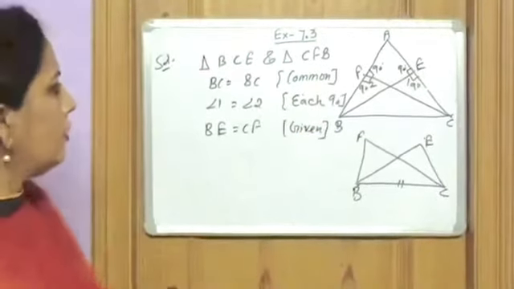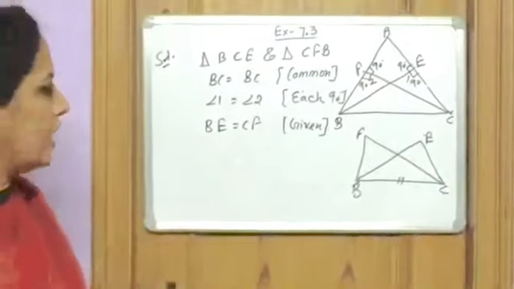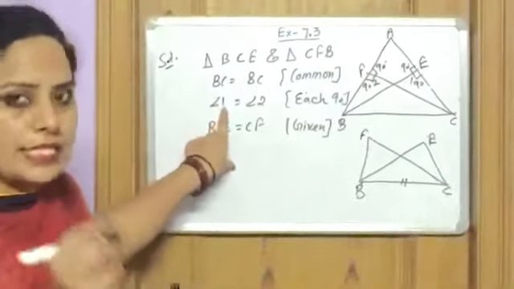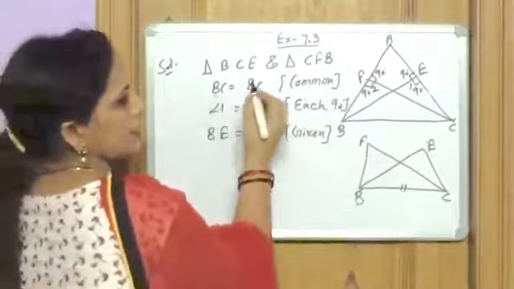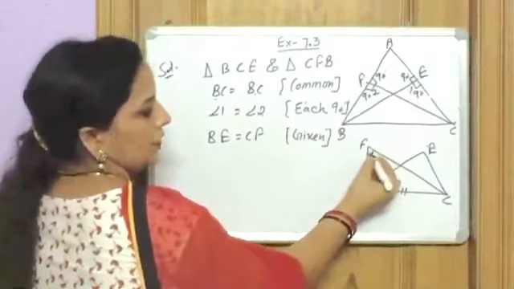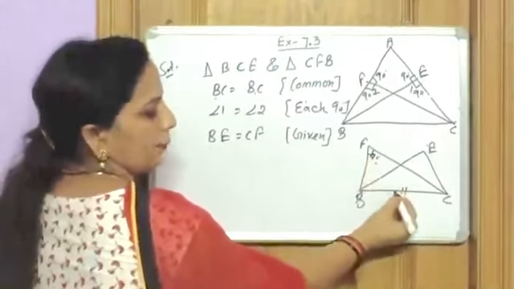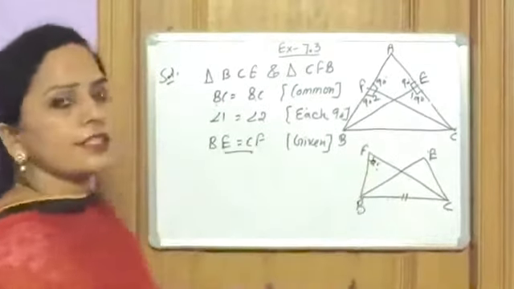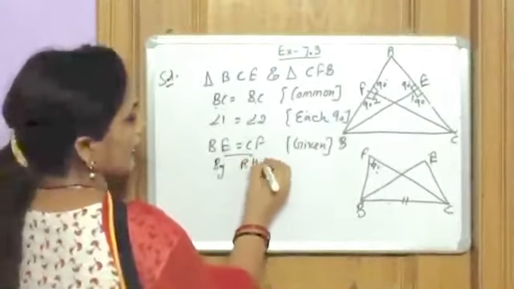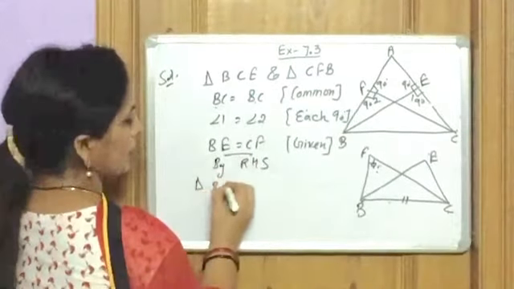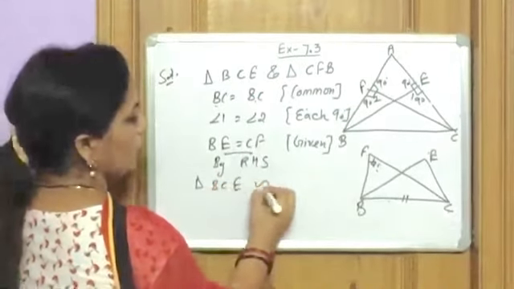So here again we followed the RHS rule because R means right angle, BC is the hypotenuse, and the next one is a side. So by RHS rule, these two triangles are congruent.